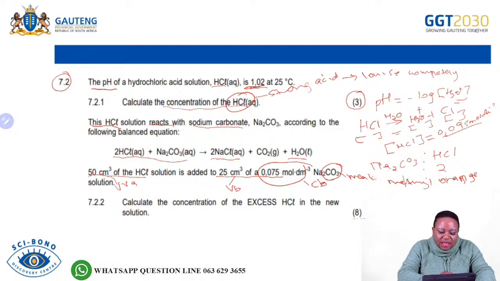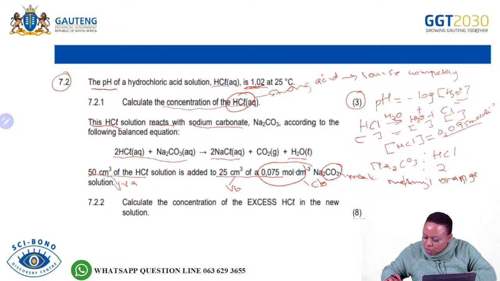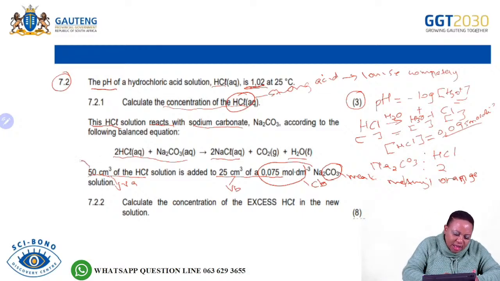Now, as we are provided this information, you can also see that our volumes are provided in cubic centimeters. Therefore, we already know that if you are provided the volume in cubic centimeters, we just need to divide by 1,000. We're going to say 50 divided by 1,000, and we're going to know that the volume of this acid is 0,05 cubic decimeter.